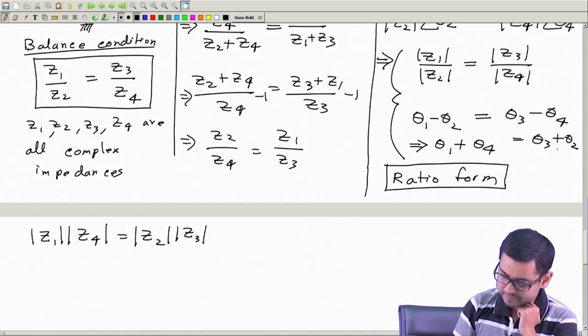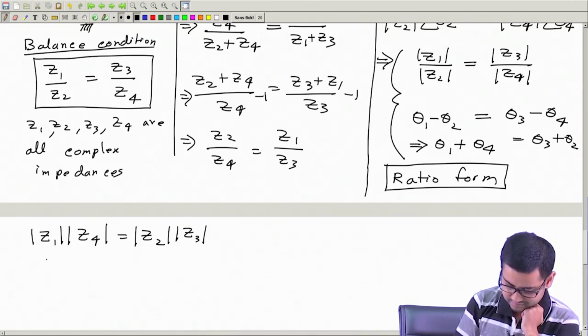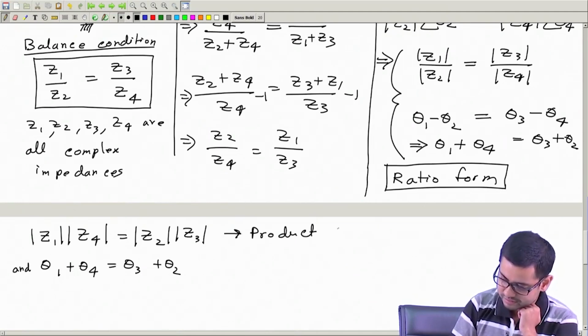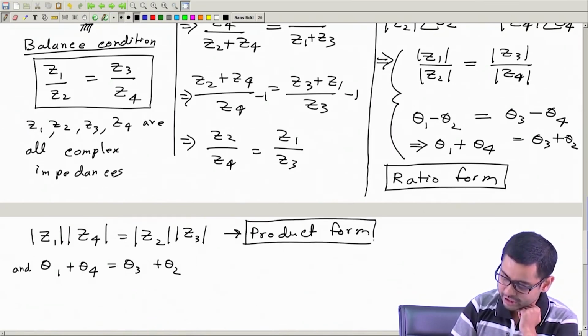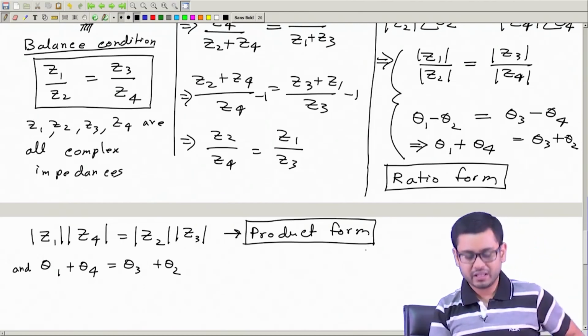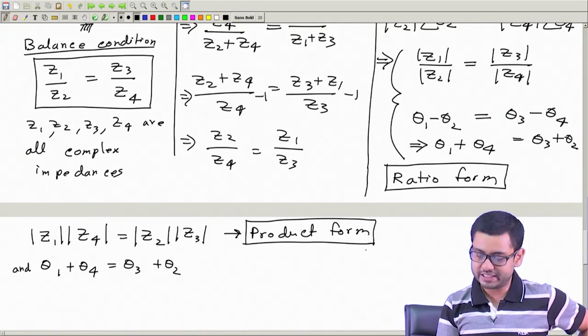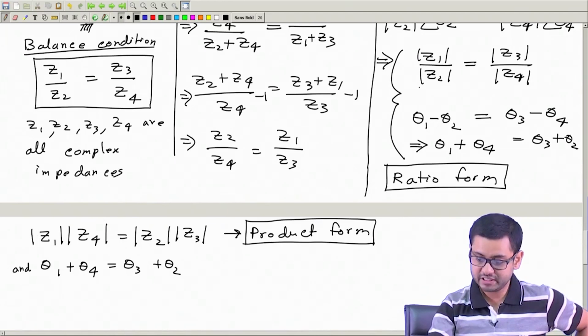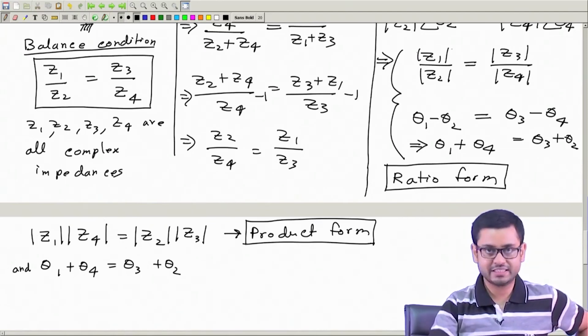Okay. So, this is the product form of the balance equation. Same equation we are writing in two different forms. Why? Because as we progress we will see it is sometimes easy to write things in this form, and sometimes it will be easy to write the equation in that form.